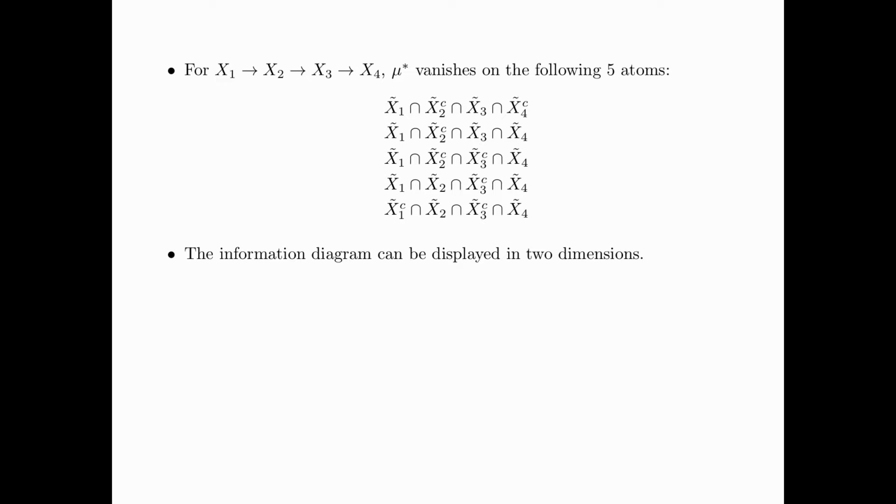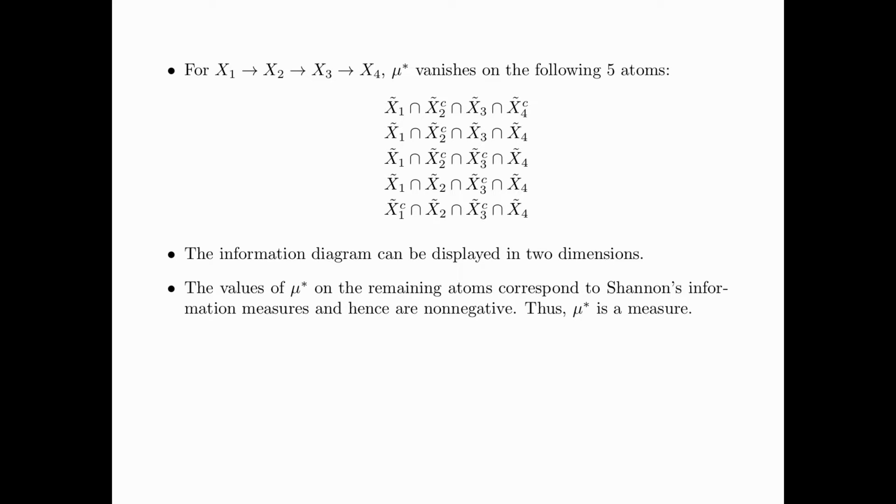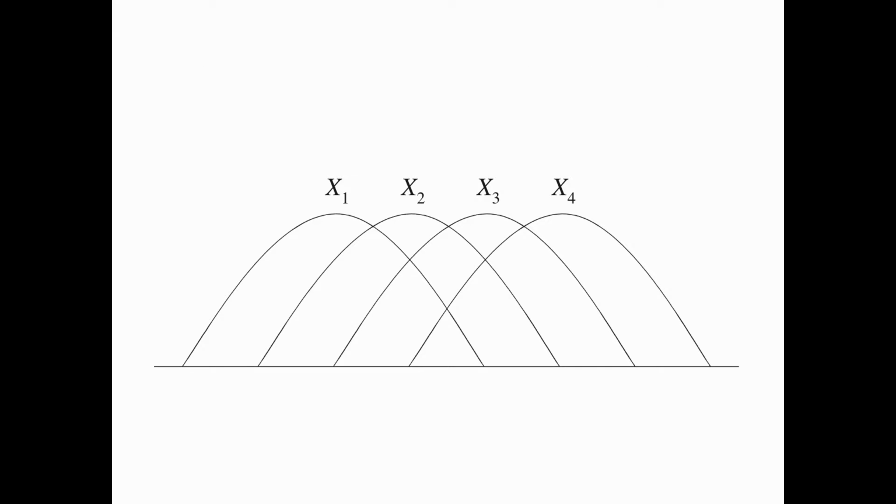Because of this, the information diagram can be displayed in 2 dimensions. The values of mu star on the remaining atoms correspond to Shannon's information measures and hence are non-negative. Thus, mu star is a measure. This is the information diagram for 4 random variables X1, X2, X3, and X4 forming a Markov chain.